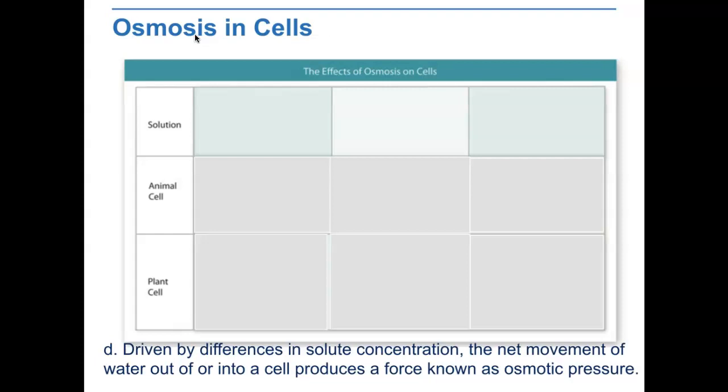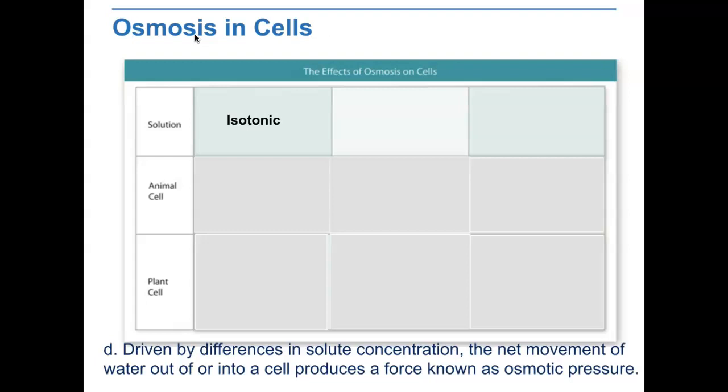Driven by the differences in solute concentration, the net movement of water out of or into a cell produces a force known as osmotic pressure. Osmotic pressure can cause an animal cell in a hypertonic solution to shrink and one in a hypotonic solution to swell.